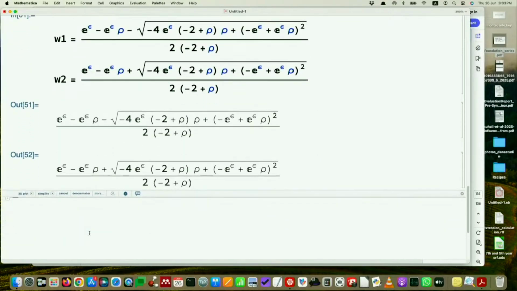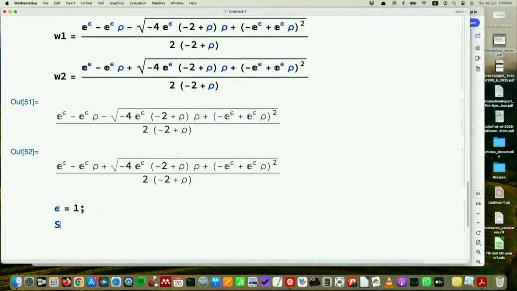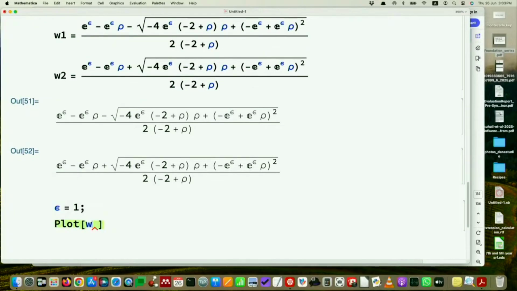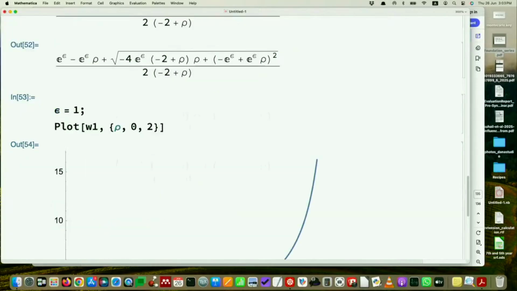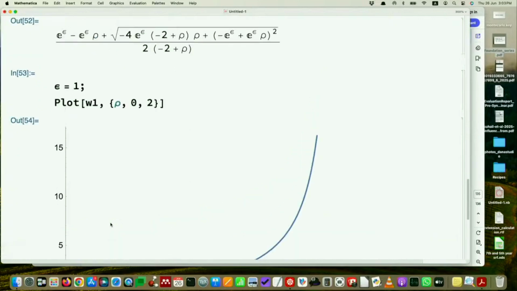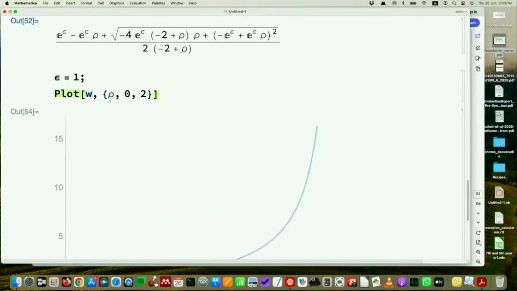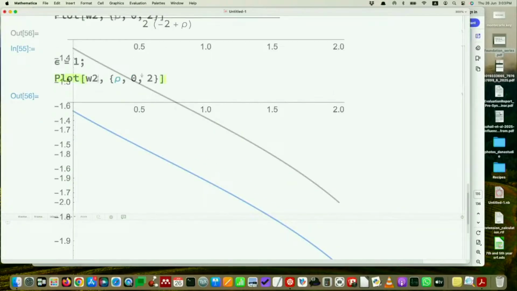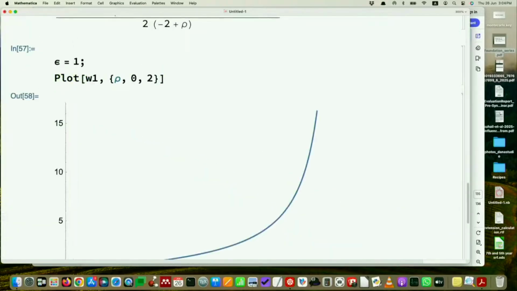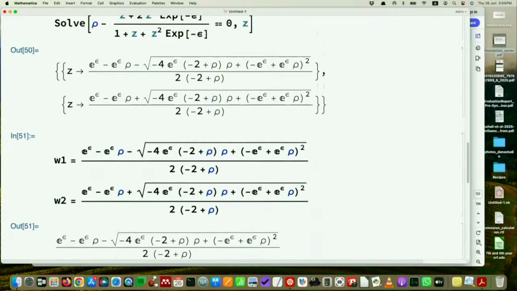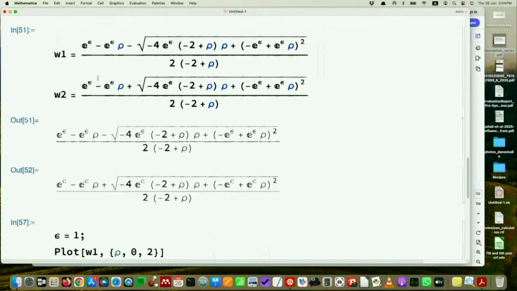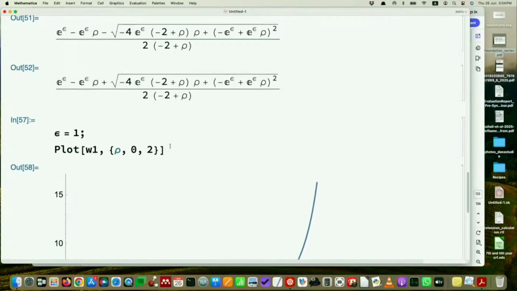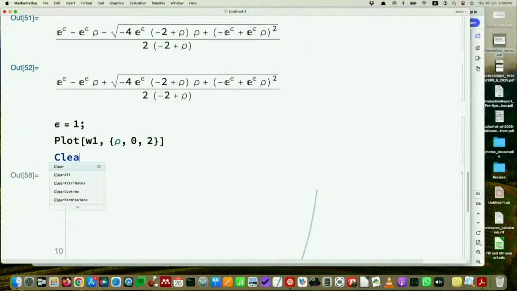Now I plot, let's keep epsilon equals 1, plot w1. That's a nice positive number. If I plotted w2, it becomes negative. So we are interested in w1. Okay, so just on the basis of sign, we eliminate one of the 2 roots, and the right answer we want is w1. And we want to clear.